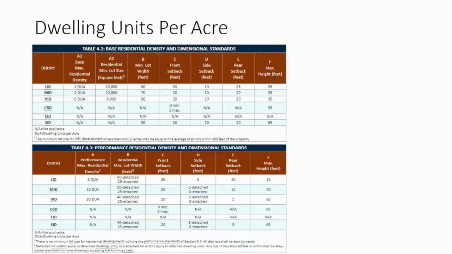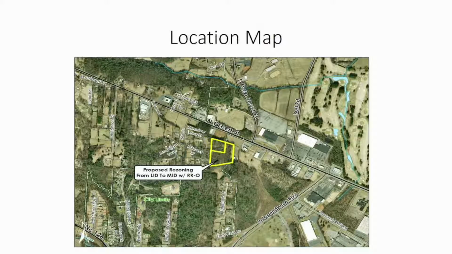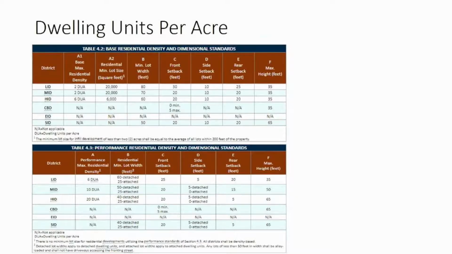And if you do the same math with 6 dwelling units per acre, it's right around 39. So again, multifamily is still allowed, so if it wasn't approved, it would be a lower density development if that were to occur. Okay.